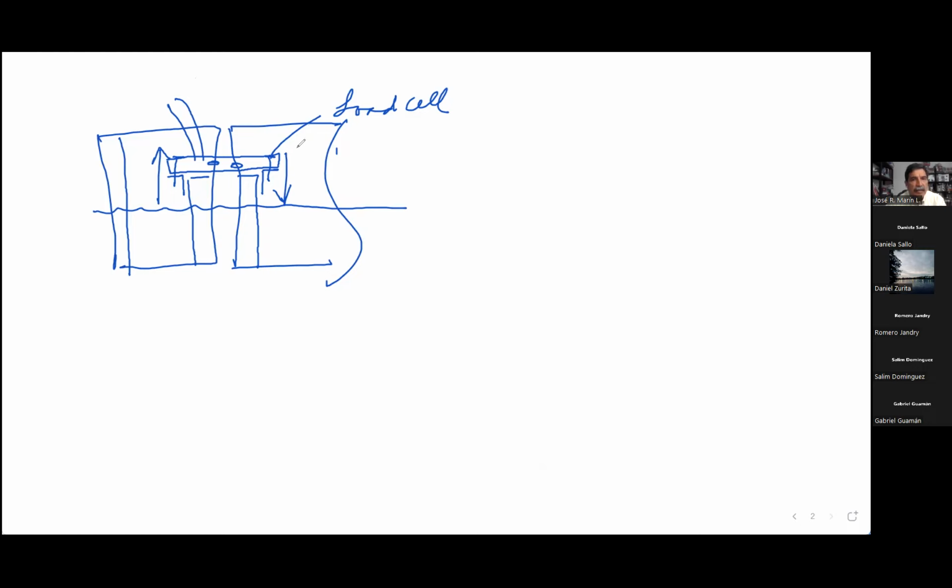Ms. Flores, can you tell me what this is? I don't know, doctor. Anybody know what this is? Shear force. Exactly. This is the shear force.